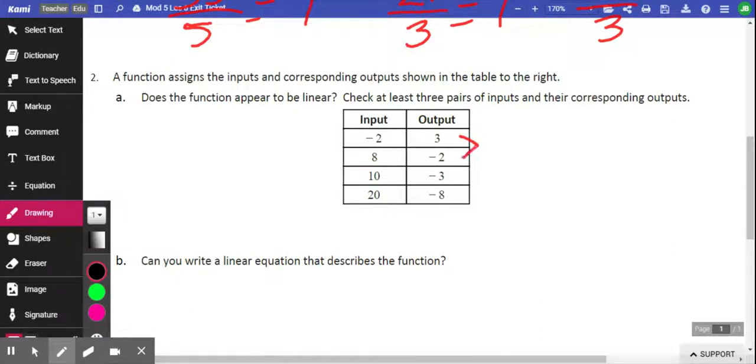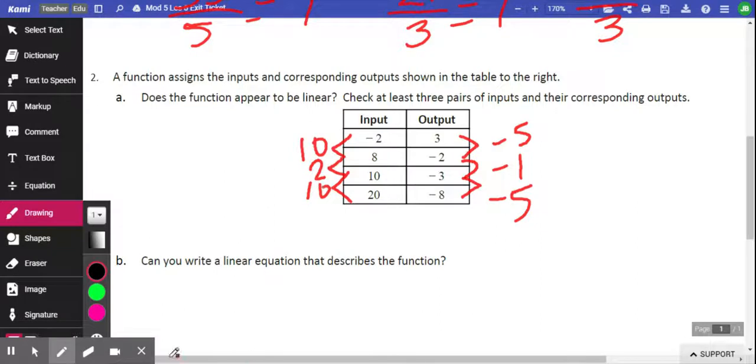So when we're doing this, once again, we're going to find the change between each set of points. So here it's -5. Here it is 10. Here it is -1. Here it is 2. Here it is -5.